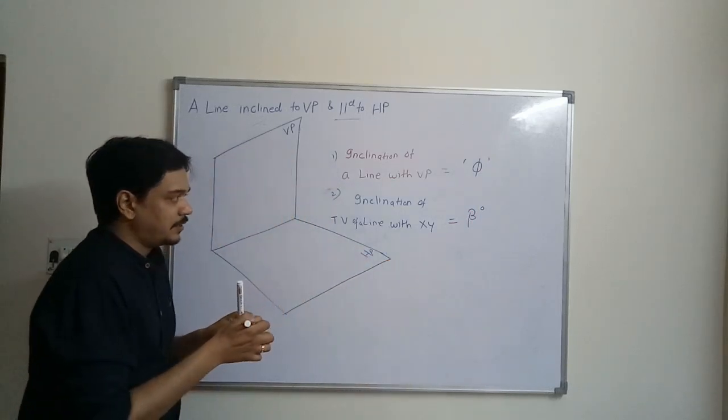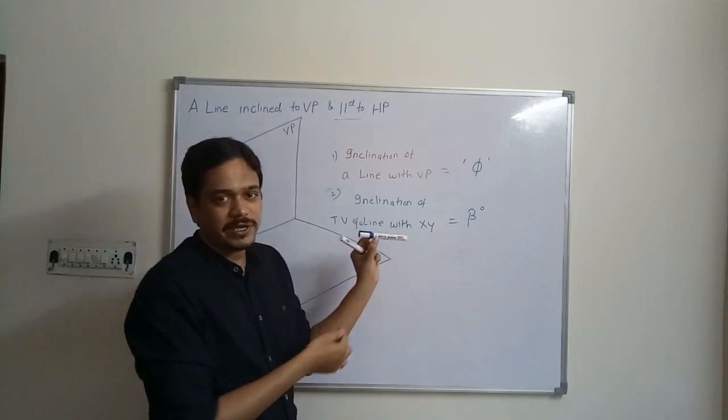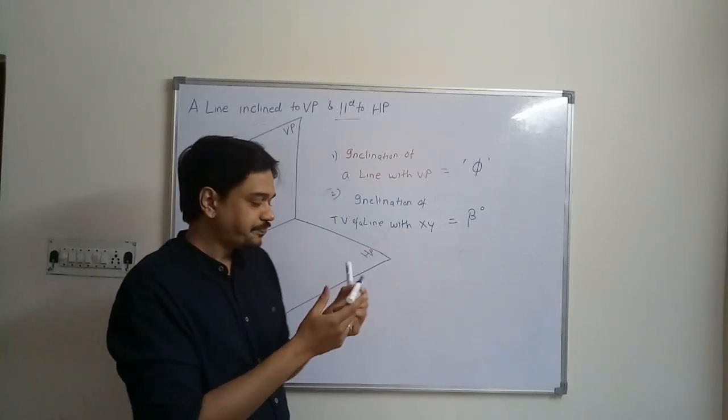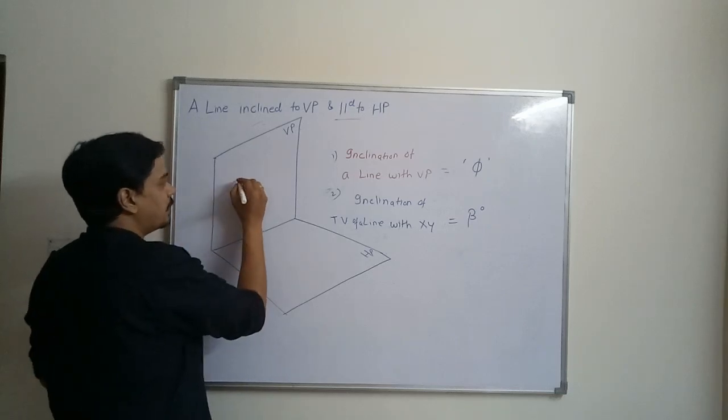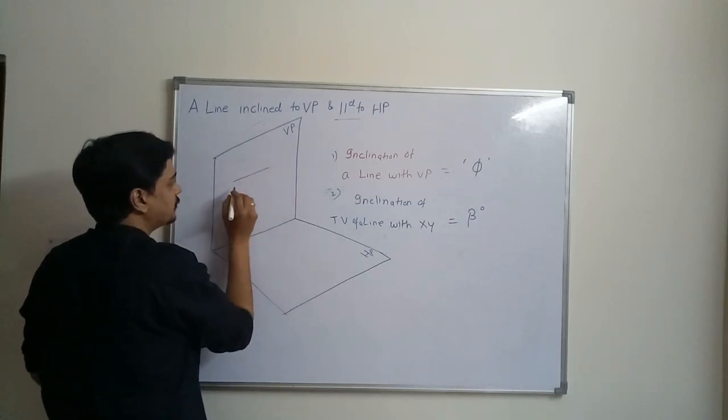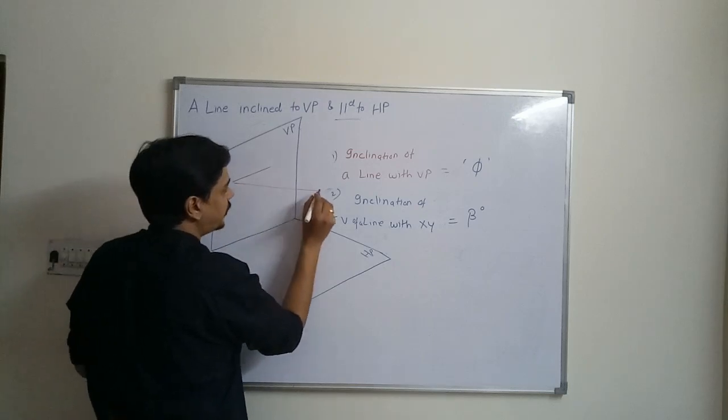So let us assume that this line is inclined at 45 degrees with the vertical plane. I will draw the situation where the line is inclined at 45 degrees with the vertical plane.